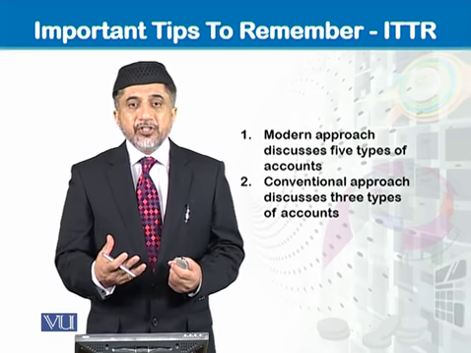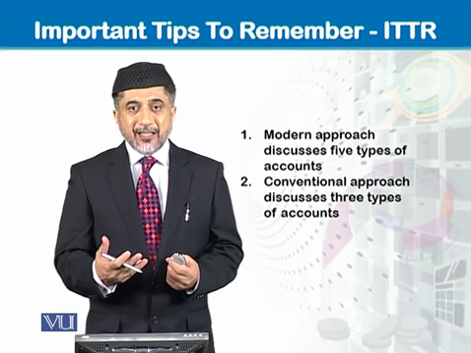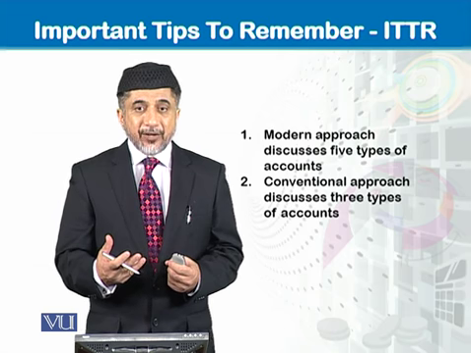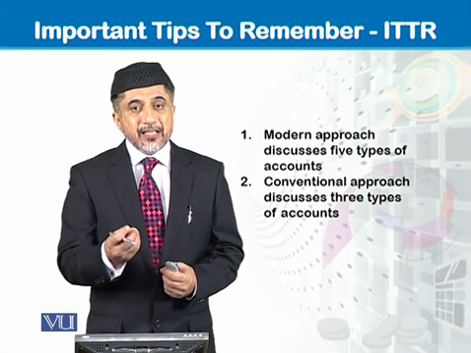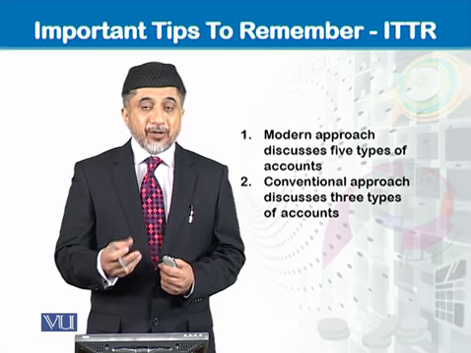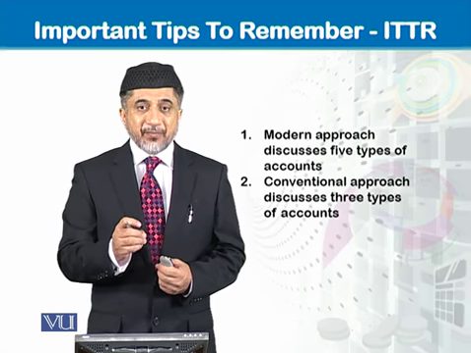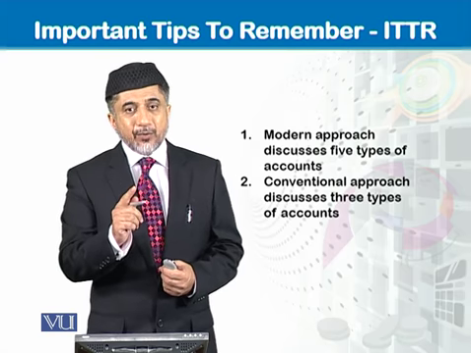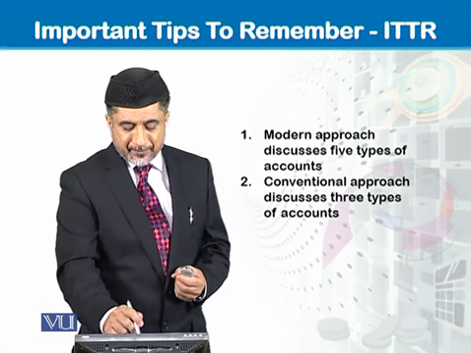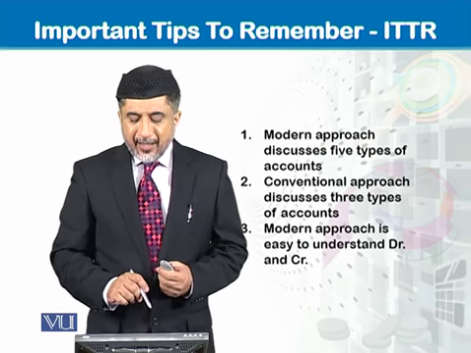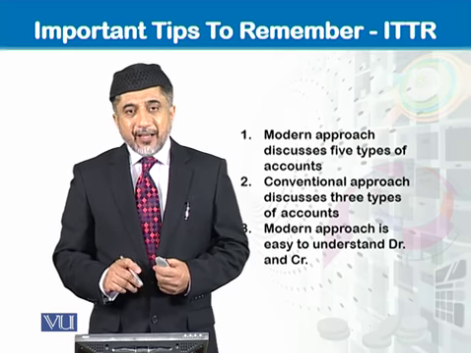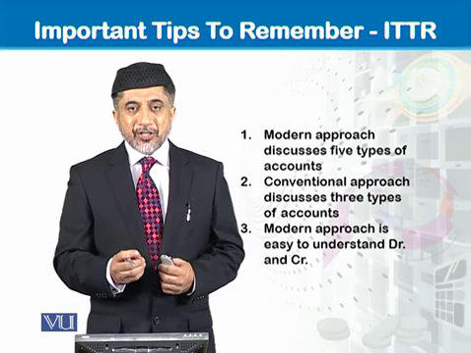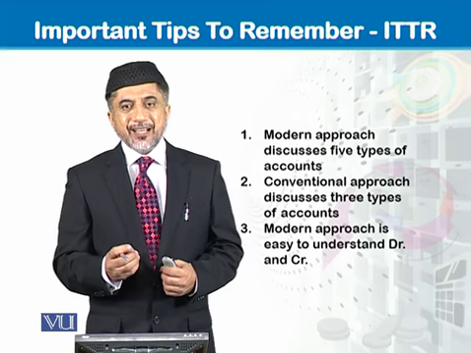These 2 approaches are in fact used to identify or to analyze debit and credit, because in each transaction we will analyze 1 debit and 1 credit. We, in our course, will be following the modern approach to analyze debit and credit.